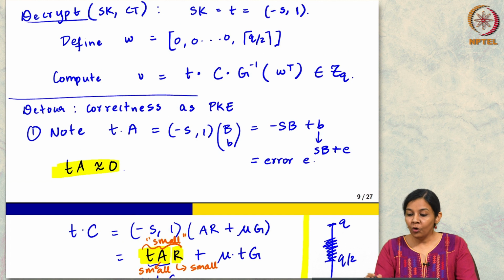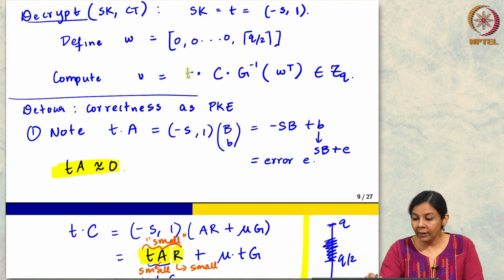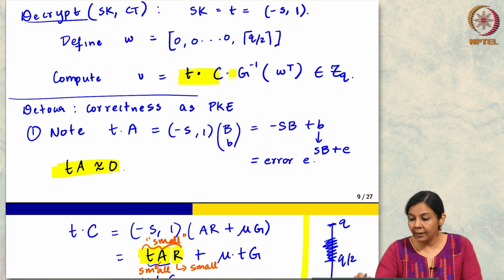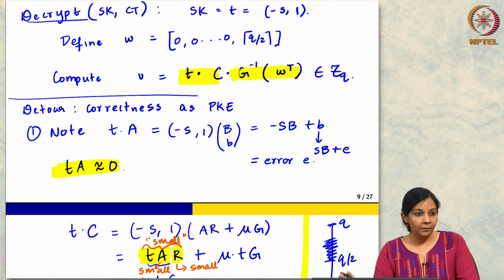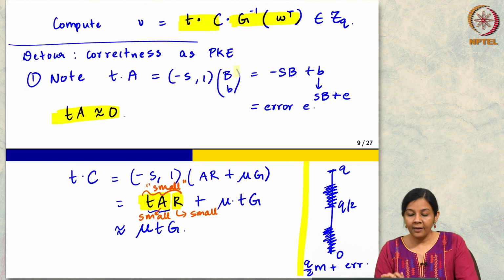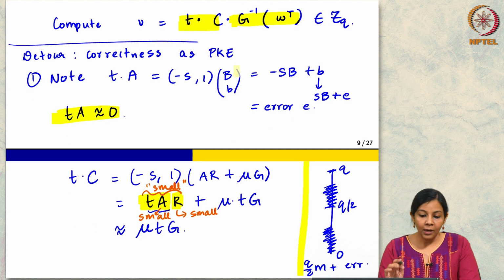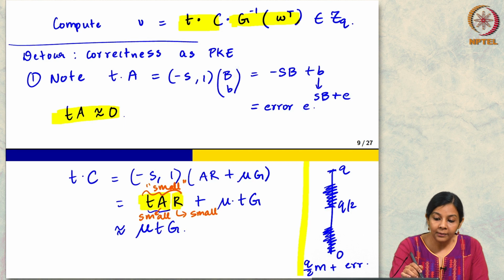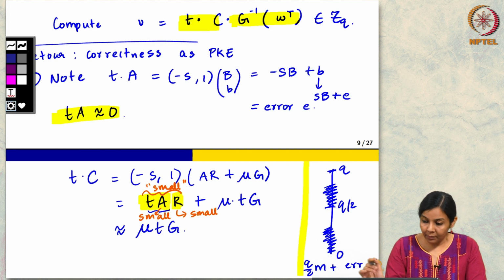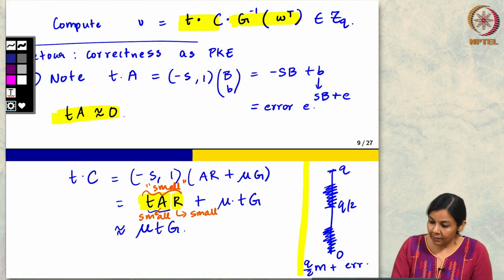So, the decryption, what was it doing? It was computing t times c times g inverse w. So far we have only analyzed what is t times c. Now let us look at the remaining terms that will be there in decryption.